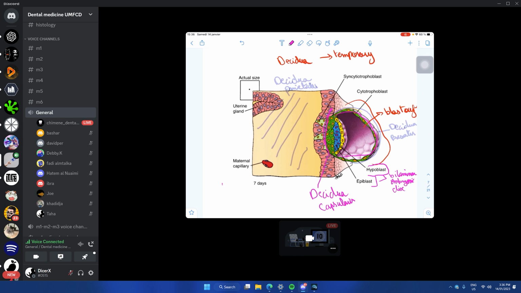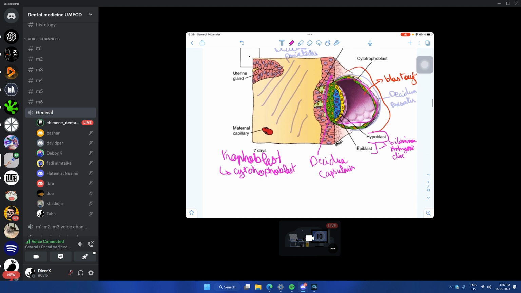First of all, you have the cytotrophoblast, as it is on the picture, and second of all, you have the syncytiotrophoblast.